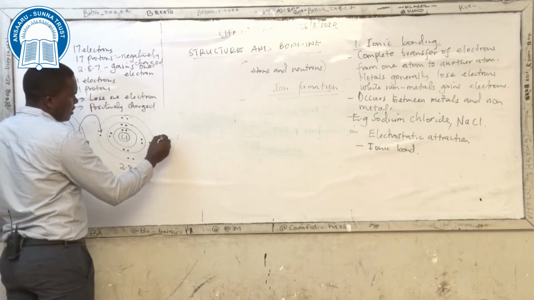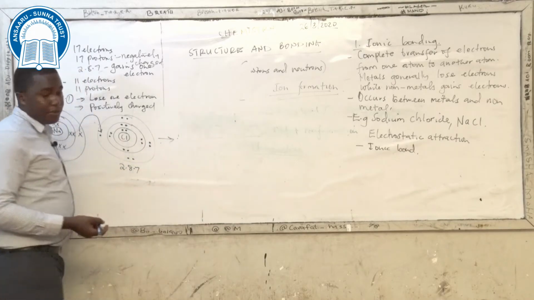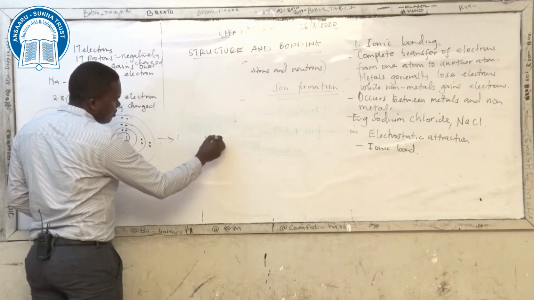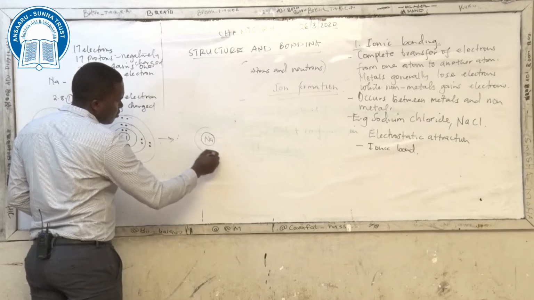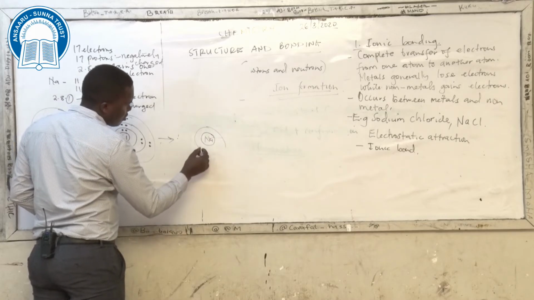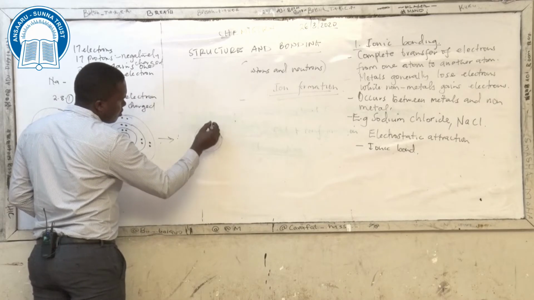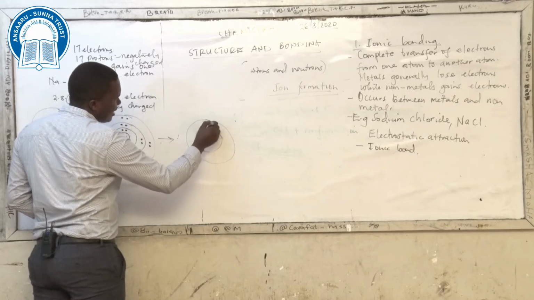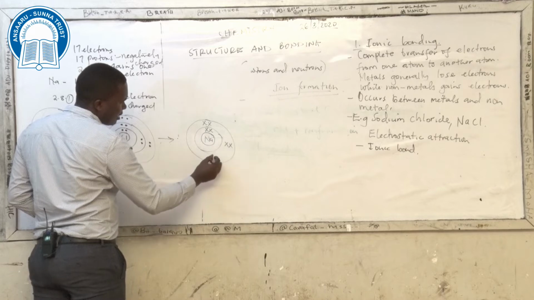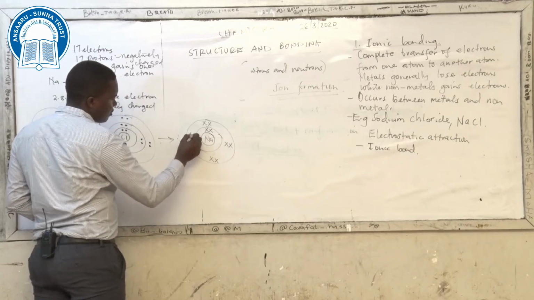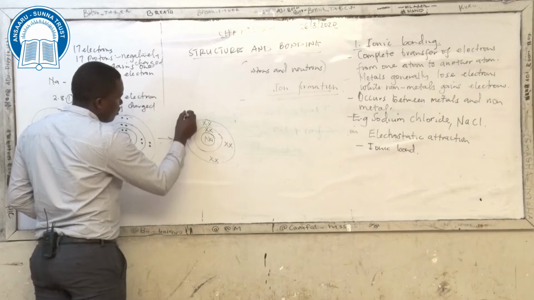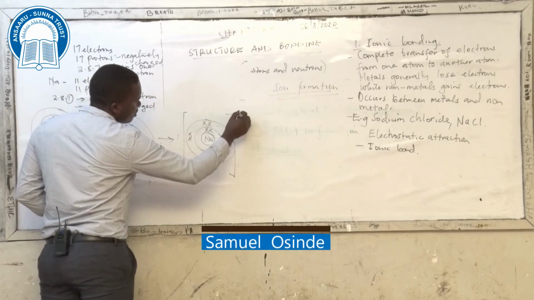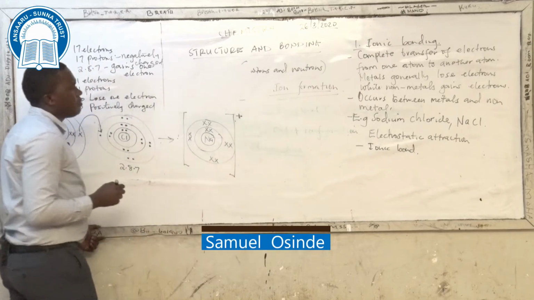When this happens, there will be 2 ions of opposite charges. So you'll have the sodium ion. The sodium ion will have now 10 electrons because it has lost 1. So you will have to put a bracket and the charge, which is positive charge.